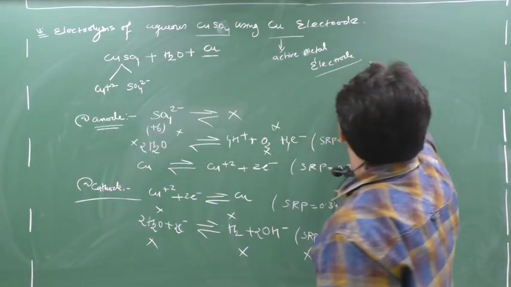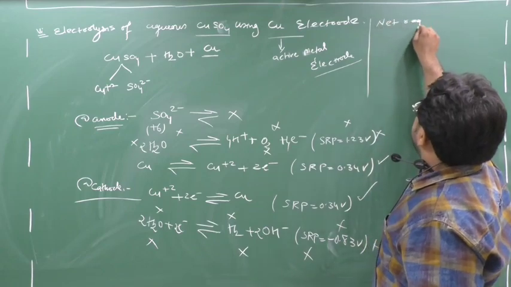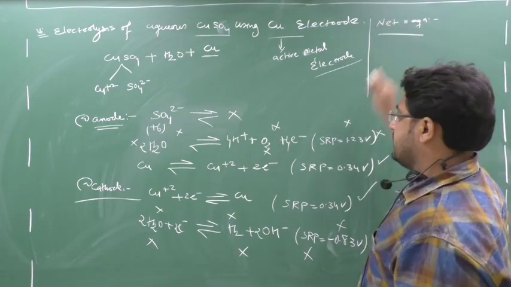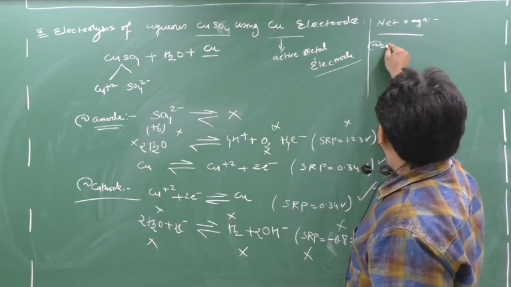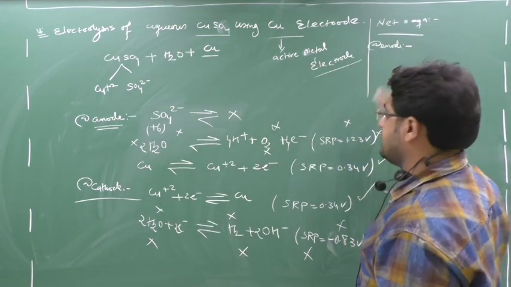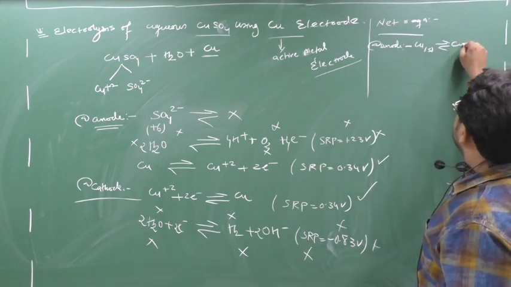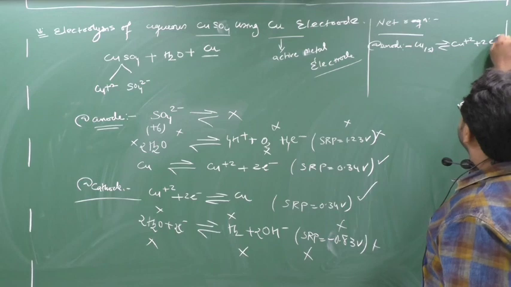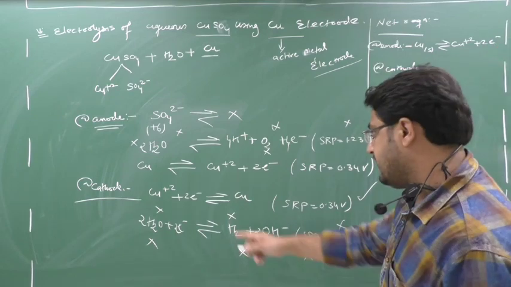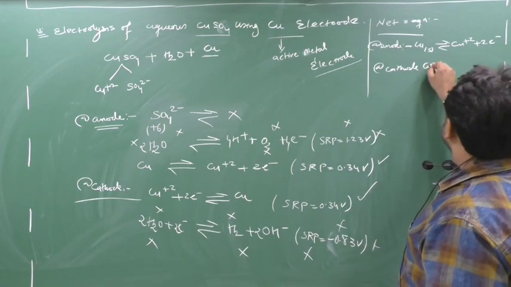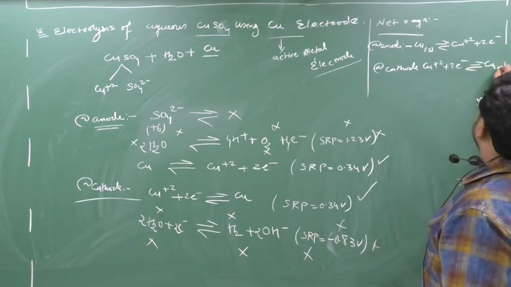If I write the net reaction, at the anode this reaction will occur: Cu solid gives Cu2+ plus 2 electrons. At the cathode, the reaction that will occur is Cu2+ plus 2 electrons gives Cu solid.